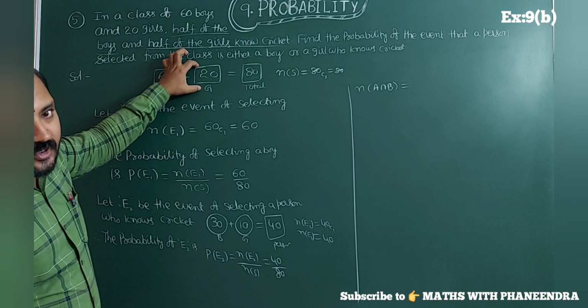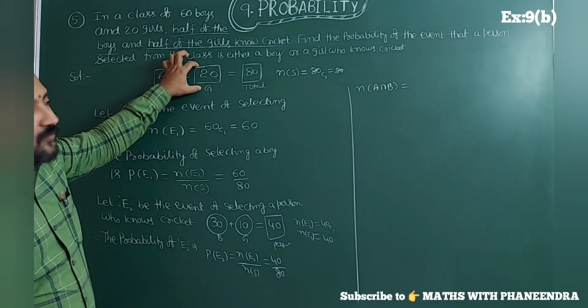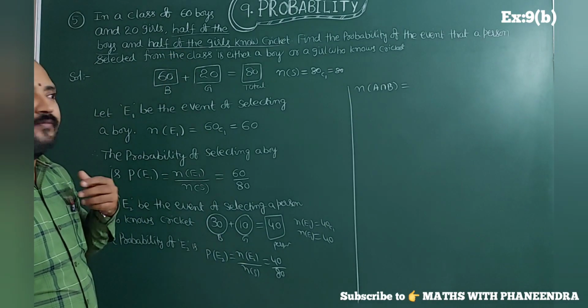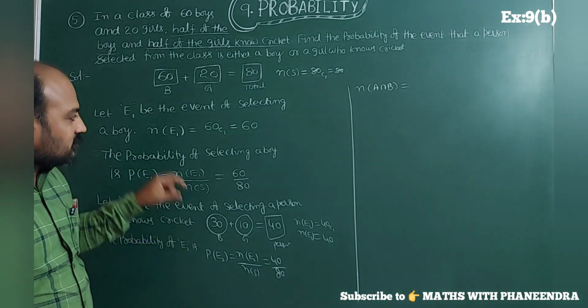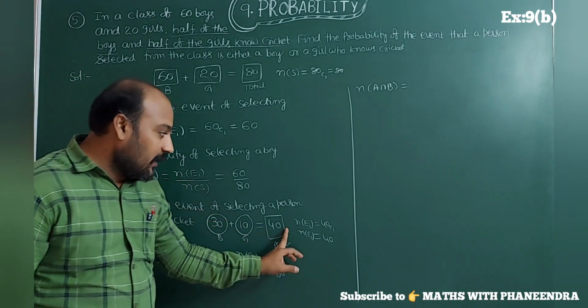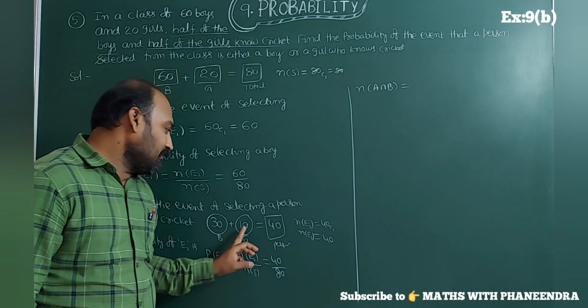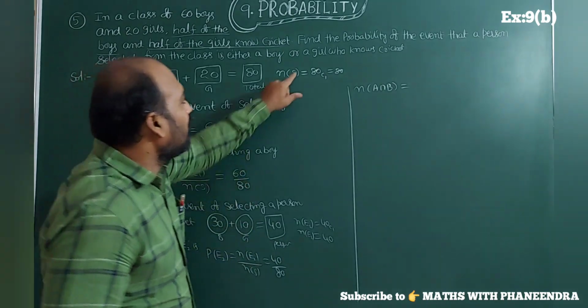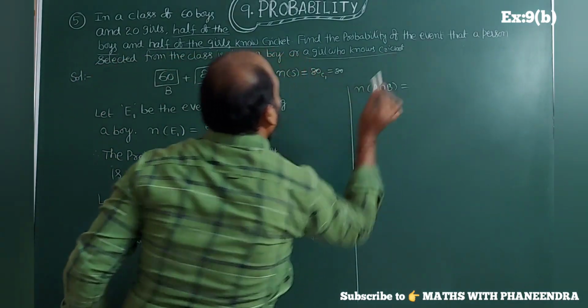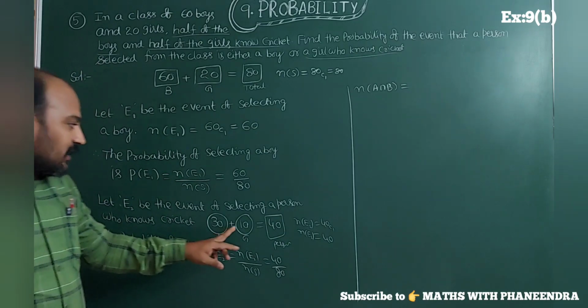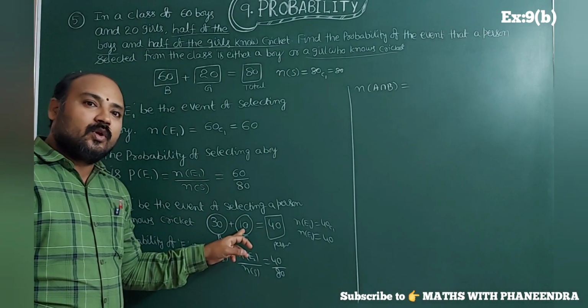Half of the girls know cricket, so 10. Of this 40, what is the common thing? Only girls know cricket over here. A girl who knows cricket means only 10.